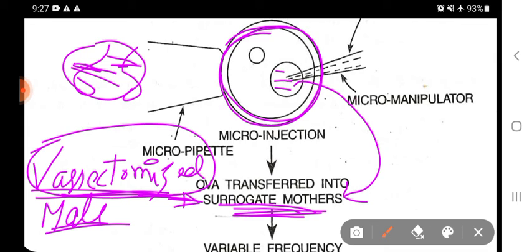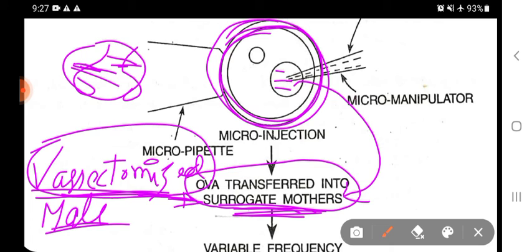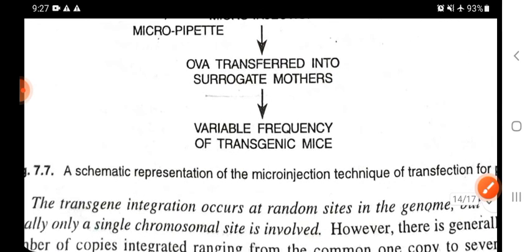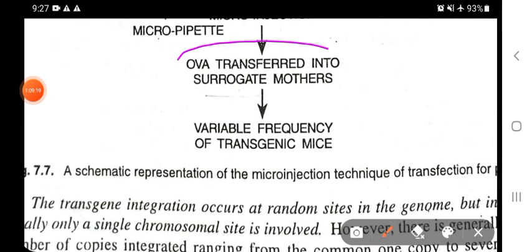Further division of this ovum will occur, and that leads to the growth of your transgenic animals.